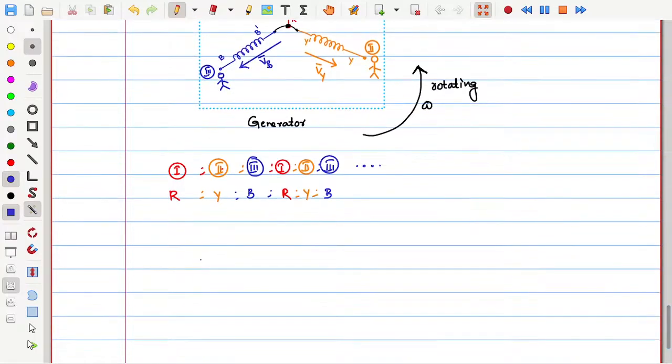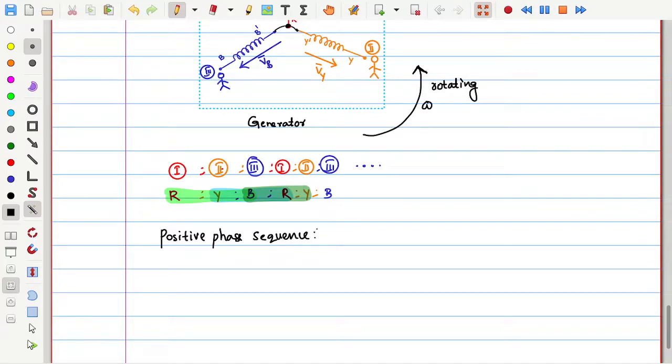Now in this, I can choose any set of things, R, Y, B, or you can also choose Y, B, R, or you can also choose B, R, Y. In any form, this is the positive phase sequence.